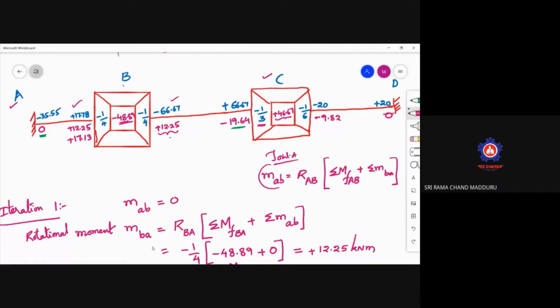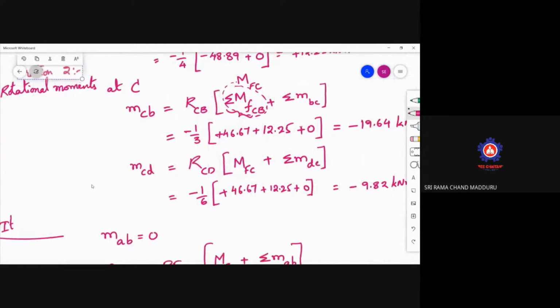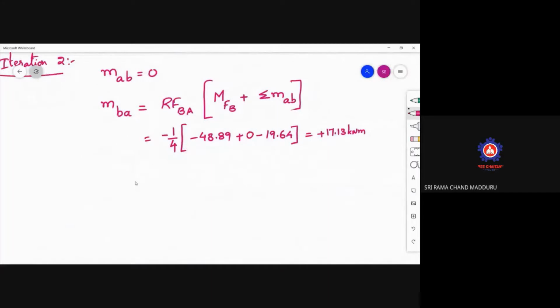Now write down this next one. In this portion we have to write down. So for BC, MBC is equal to RFBC into MFB plus sigma MCB.